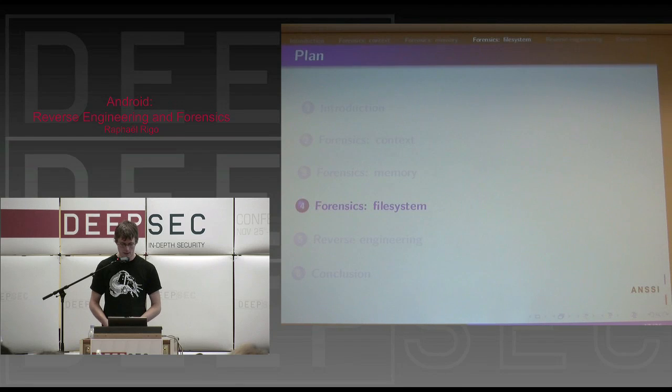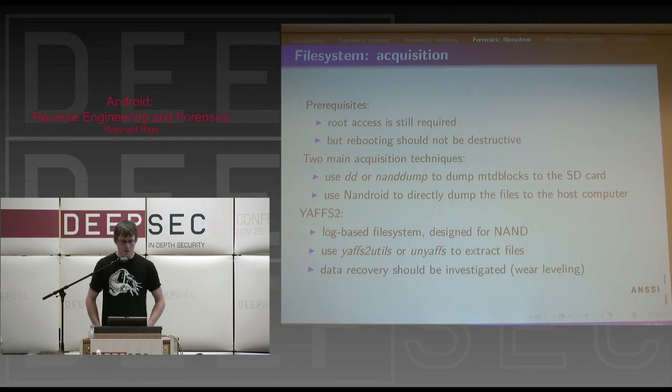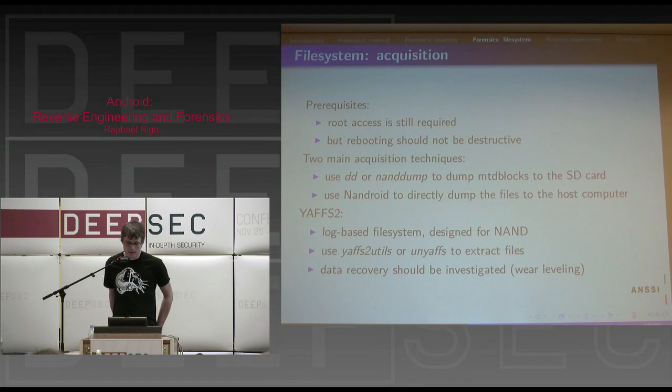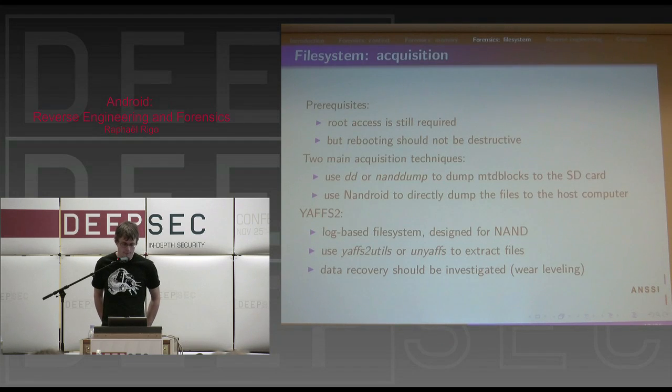So, to sum up, we have a memory, we have rebuilt processes, we have information on open files, maybe sockets, but of course we want to see what's on the file system because there is a lot of information on the file system. Of course, to acquire the file system, you have to be root as you need raw access to the memory blocks. You can, as I said, do it by reordering the memory, but it's too complicated.